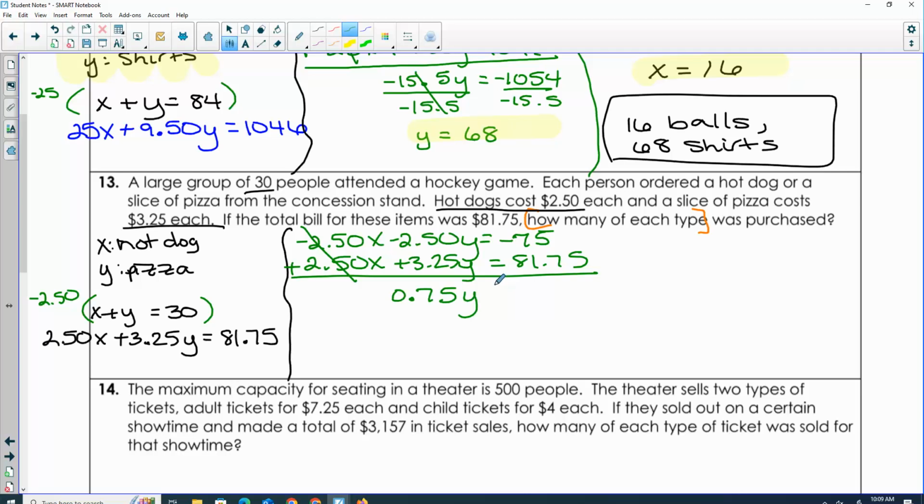Okay, don't let the decimals scare you. You have a calculator. Negative 75 plus 81.75 is 6.75. So divide by 0.75 and y equals 9.